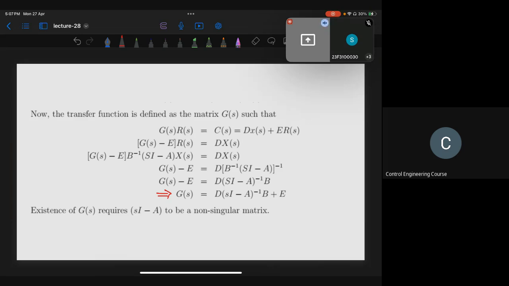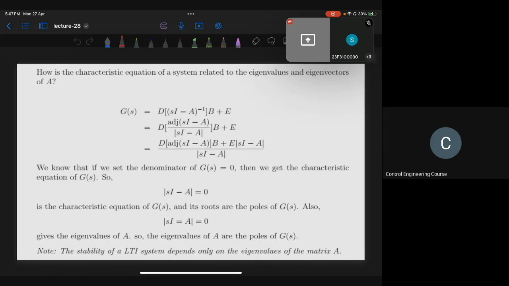If you write that (sI minus A) whole inverse in its adjoint form, that is adjoint of (sI minus A) divided by the determinant of (sI minus A). If you set this denominator, the determinant of sI minus A, equal to 0, we get the characteristic equation.